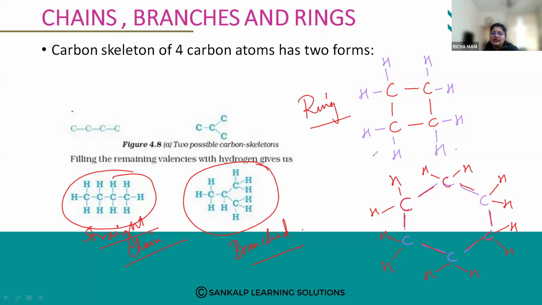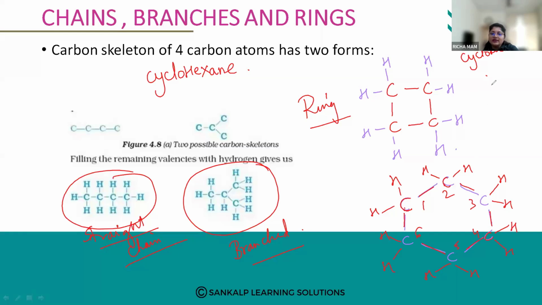So these are the examples of rings. What is the name of this? 4 carbon atoms are there, so this is called cyclobutane. Because it has 4 carbon atoms, it is butane, but in the form of a cycle, so it is called cyclobutane. Now calculate this: 1, 2, 3, 4, 5, 6. 6 carbons in a cyclic form, so it is cyclohexane.